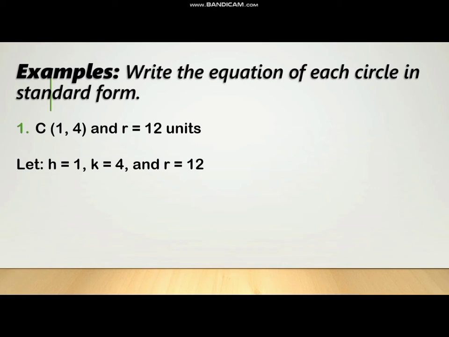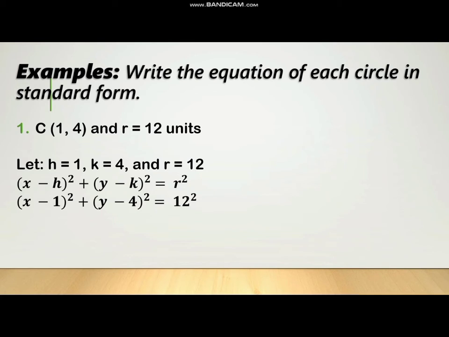Using the formula, the square of x minus h plus the square of y minus k equals r squared. Substituting, we have the square of x minus 1 plus the square of y minus 4 equals 12 squared. We just replaced h, k, and r. Lastly, for the final answer, expand 12 squared, which is equal to 144.